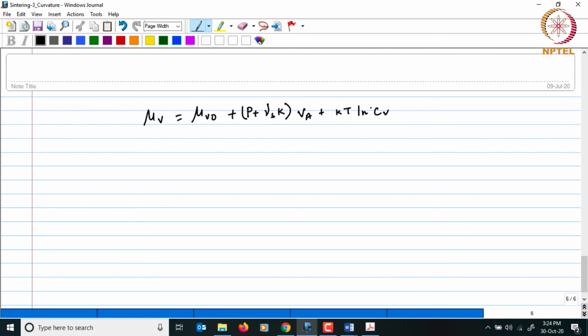Where mu v is the chemical potential of vacancies, mu v naught is a reference value against which the chemical potential is generally measured. P is the mean hydrostatic pressure in the crystal just beneath the surface. Gamma S is the specific surface energy. VA is the atomic volume, and CV is the concentration of vacancies.